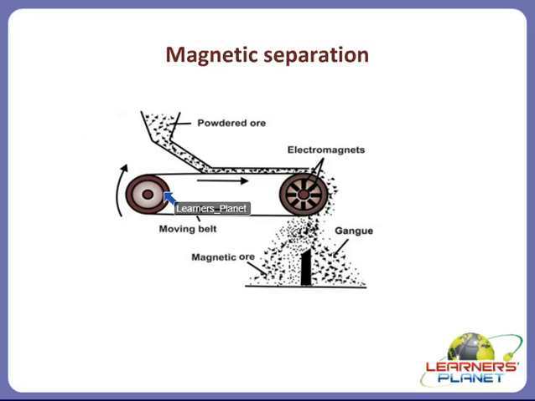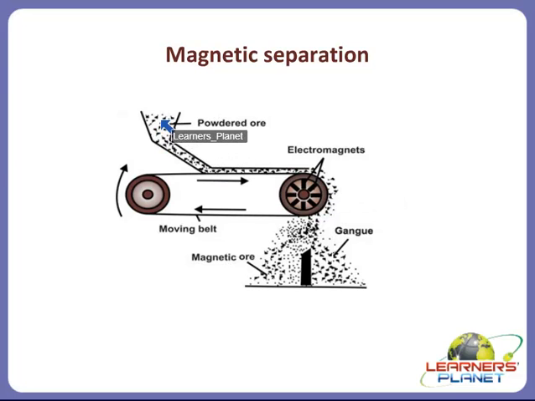Say this is your magnetic separator. Now this particular roller, sorry, this is the non-magnetic part, and there is a conveyor belt over it, and we have electromagnets here.